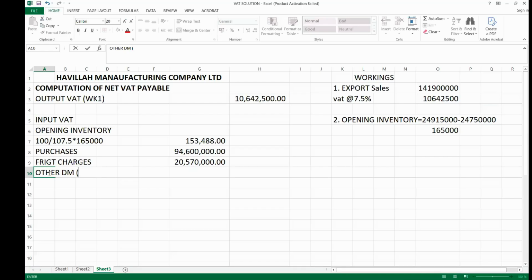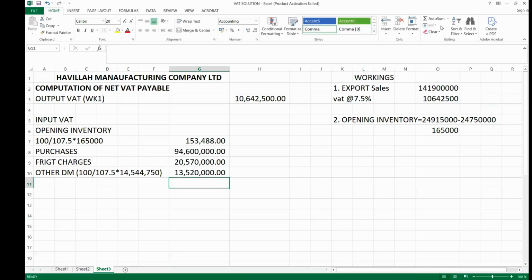To make it VAT exclusive, that will be 100 divided by 107.5 multiplied by 14,544,750. That will give us the exclusive value, which is 13,520,000.